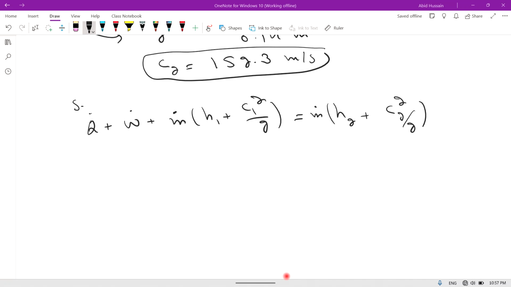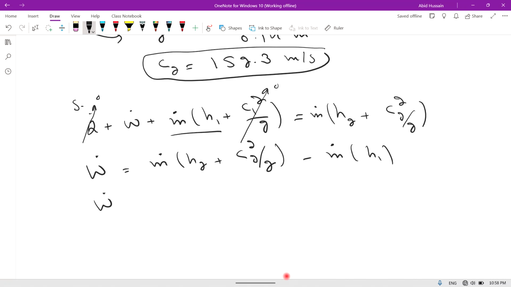Here we know that there is no heat loss, Q is equal to 0, so Q dot will also be equal to 0. Initially velocity is negligible, so C1 is equal to 0, and C1 square divided by 2 will also be equal to 0. So W dot is equal to m dot times (H2 plus C2 square divided by 2) minus m dot times H1.